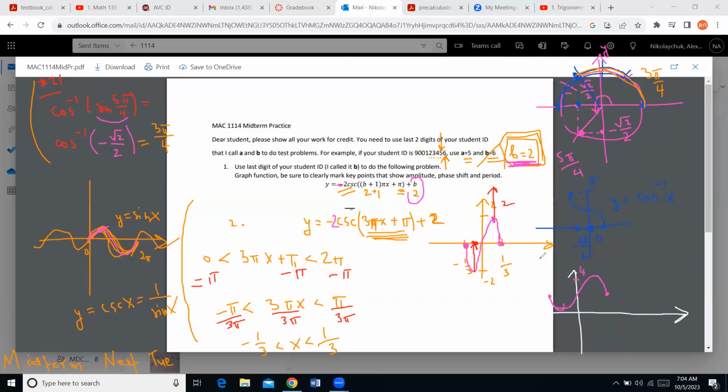It used to be a level of only 2 because the amplitude was 2, but now we moved it up 2 units because of this addition, so now the highest point is on the level of 4. And of course it repeats itself again and again, but this is not the function that I need, because remember we want to get a cosecant, which is the inverse of sine.